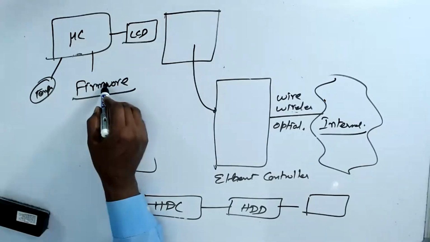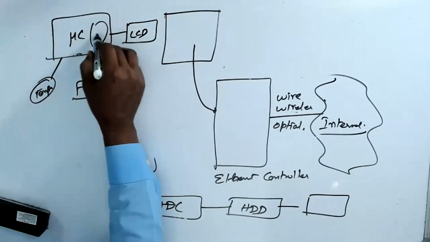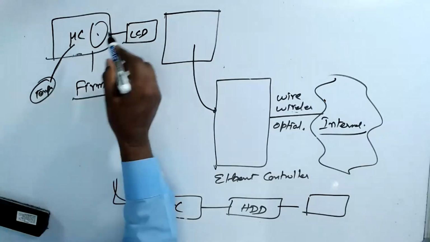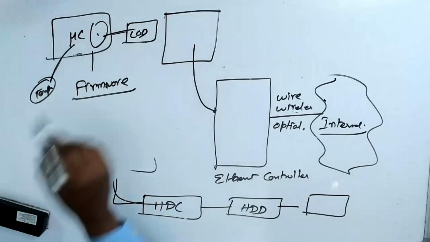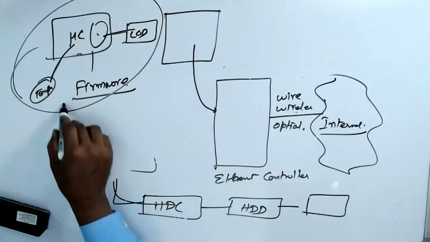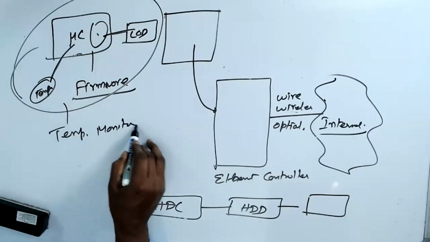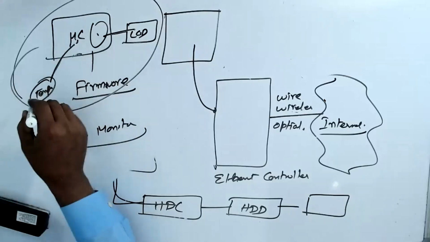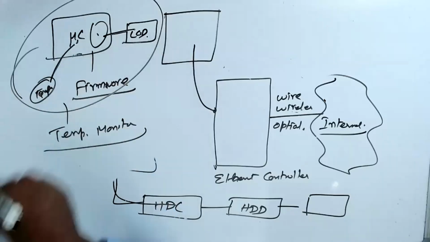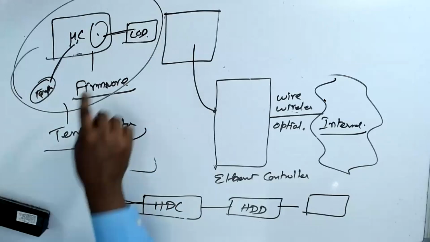This same firmware sits in the ROM, reads the temperature, and gives the display to the LCD. This is a product. You may call this a temperature monitor. A small microcontroller, a temperature sensor, an LCD. Done. This is called firmware.